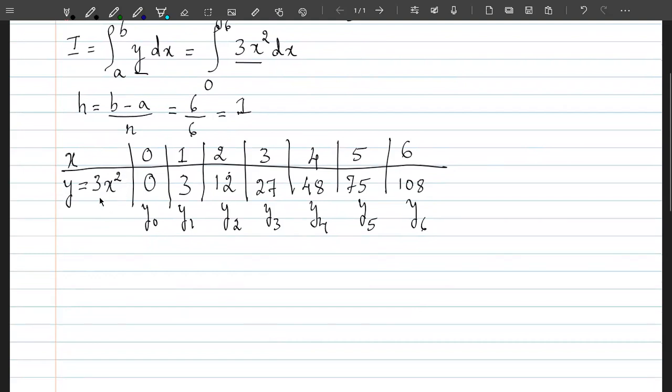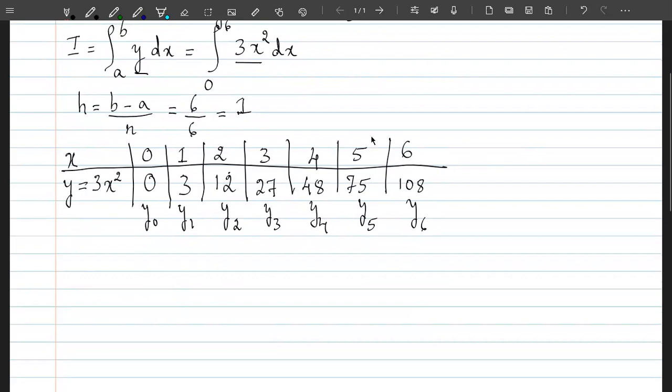You can save this function as 3x square in your calculator, and by using the CALC button, that is the calculate button, putting different values of x, you will get the required values of y.